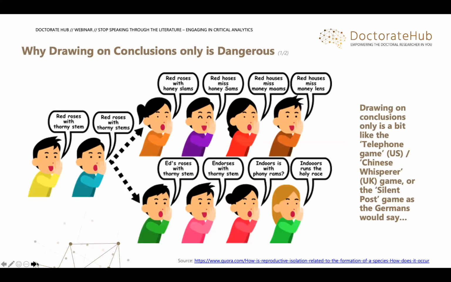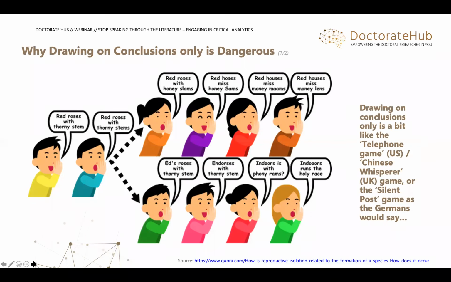Now, drawing on conclusions is also dangerous because of what is called in the US the telephone game effect, in the UK the Chinese whispers effect, and in my German native language it would be the silent post effect, which means what is understood is changing constantly, so that there's no way to relate to the initial source and what has been found.